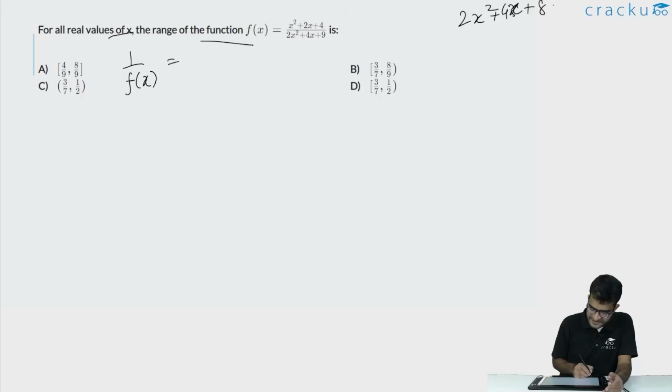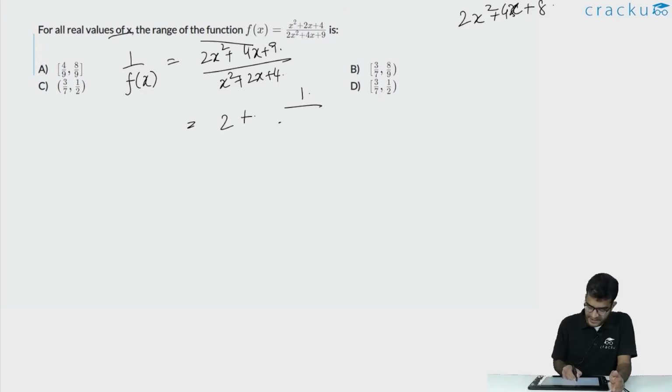1 by f of x is equal to 2x square plus 4x plus 9 divided by x square plus 2x plus 4. Like we have discussed earlier, this is equal to 2 plus 1 by x square plus 2x plus 4. This is 1 by f of x.